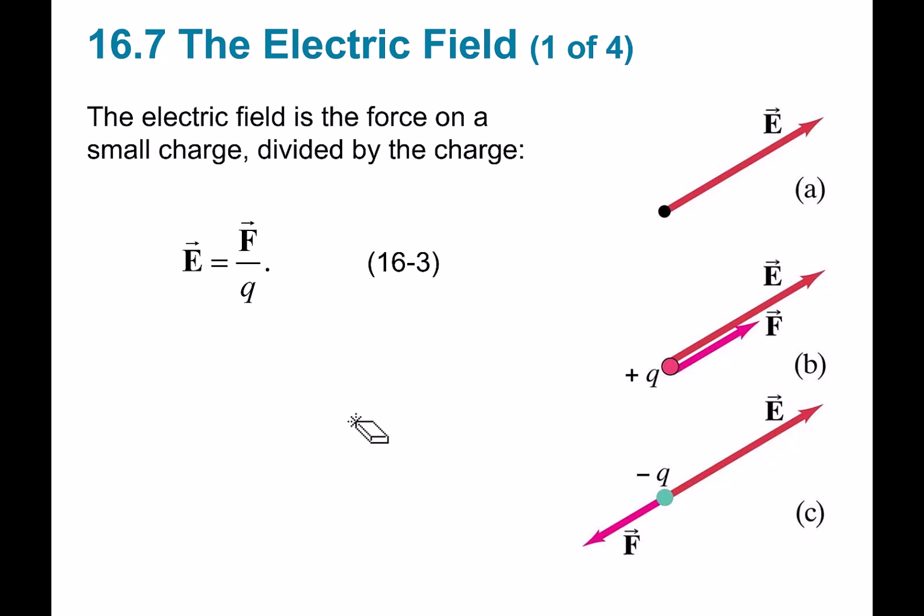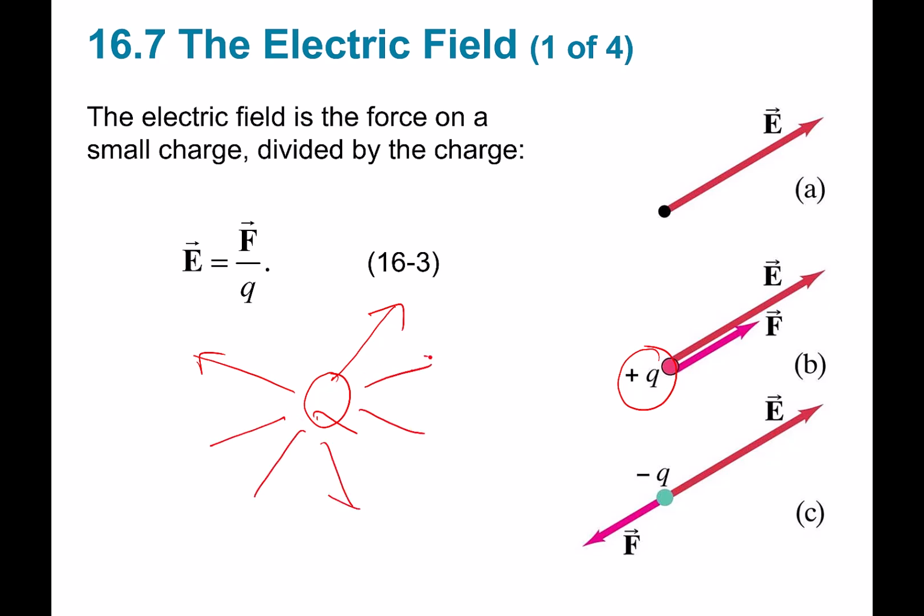So if a tiny positive test charge q, for example, is placed at various locations in the vicinity of a single charge Q, we can say the charge Q is the massive big charge, and it creates an electric field around it.